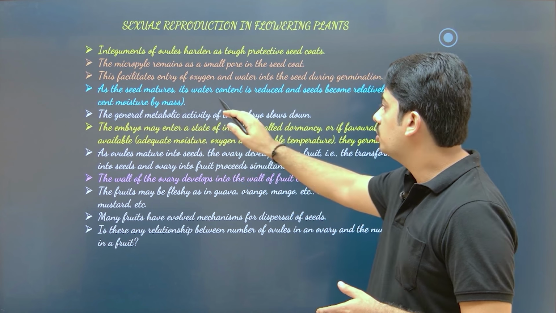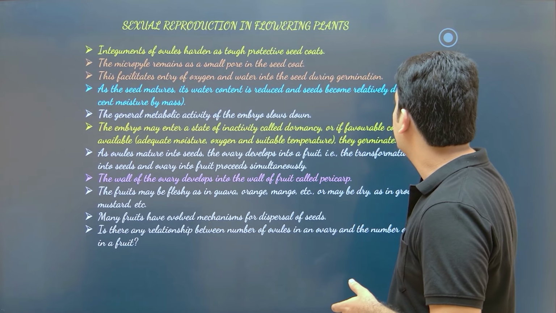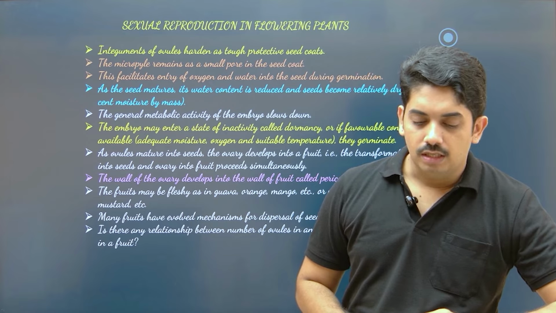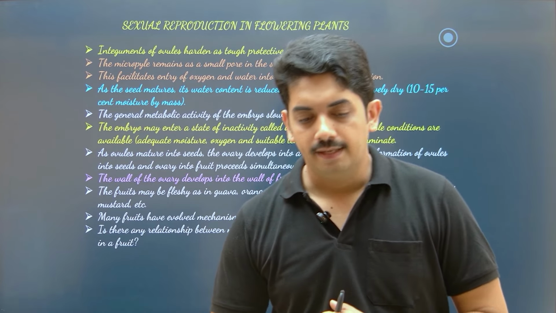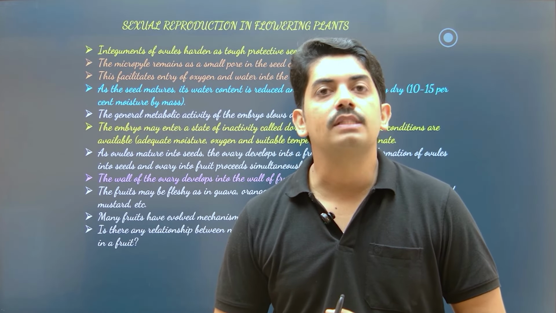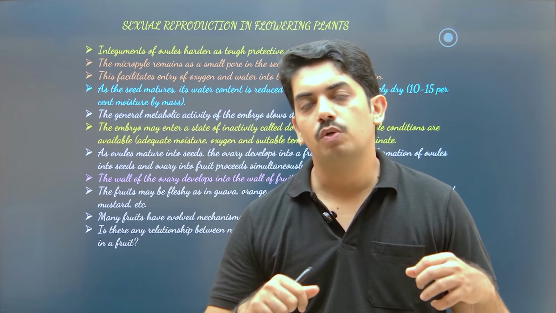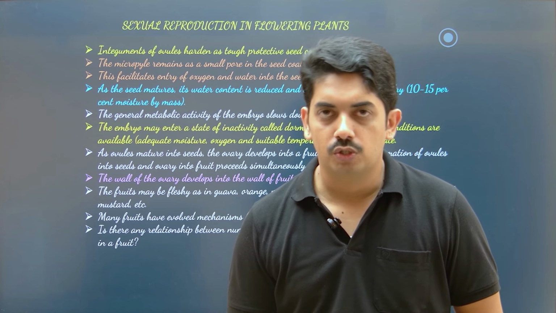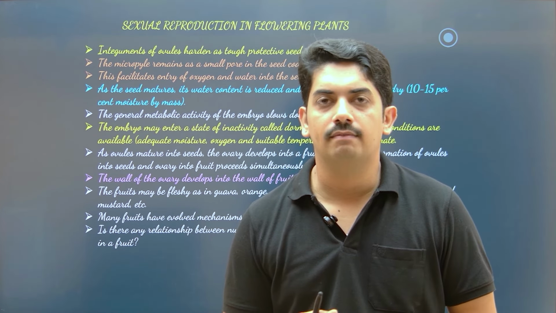As the seed matures, its water content is reduced and the seed becomes relatively dry, to 10 to 15%. Now the question comes, why should the seed undergo drying? See, most of the time on onset of favorable conditions, plants will grow and produce very beautiful vegetative structures, and they produce flowers, and flowers undergo pollination, and seed setting takes place.